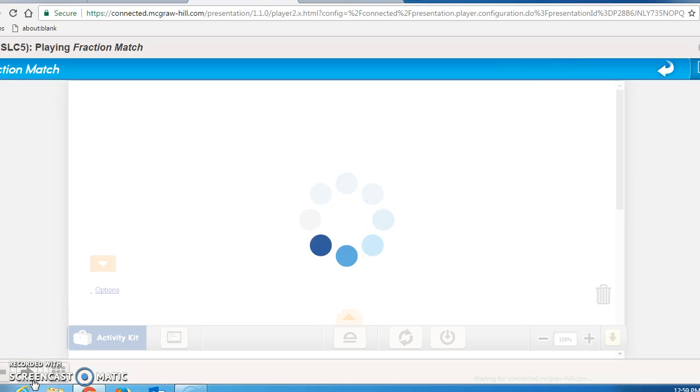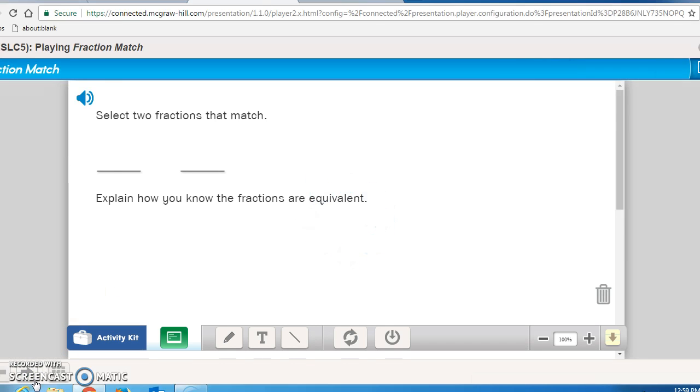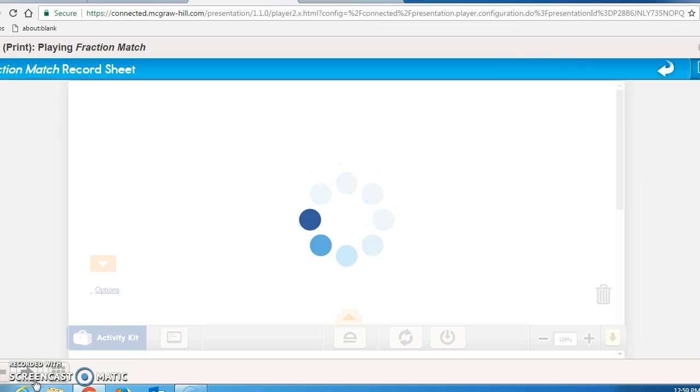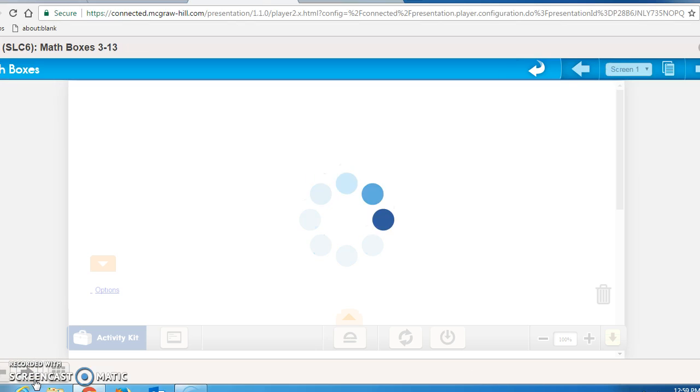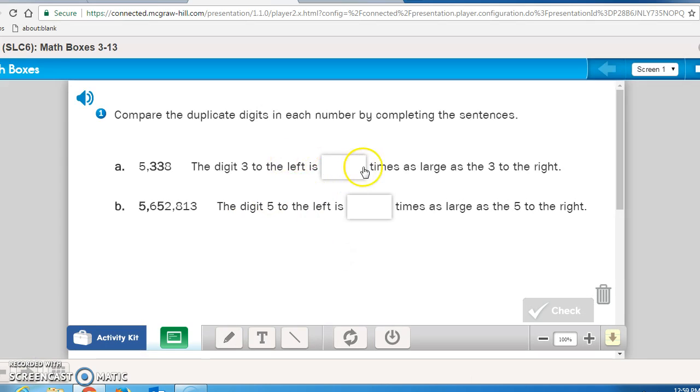So basically what it's asking you is, if you have to compare 5.336, the digit 3 to the left is how many times as large as the digit to the right. So again, this is what it's asking you. When you complete this page, you may come up to me, show it to me, and then you are going to move on to the next part of 313. So pause the recording now and do Math Journal page 103.